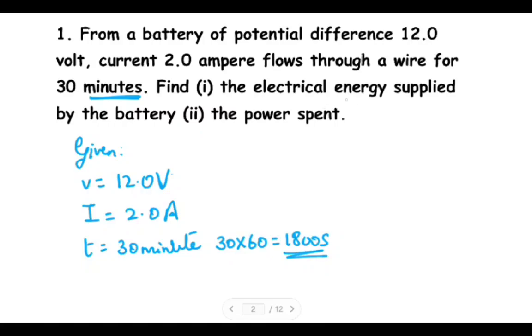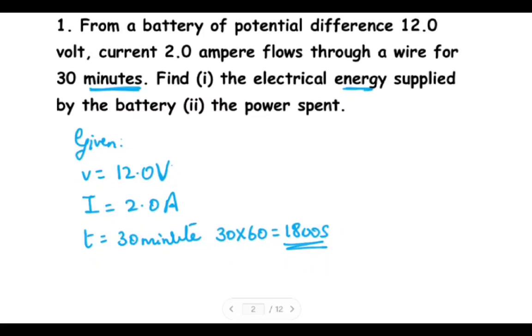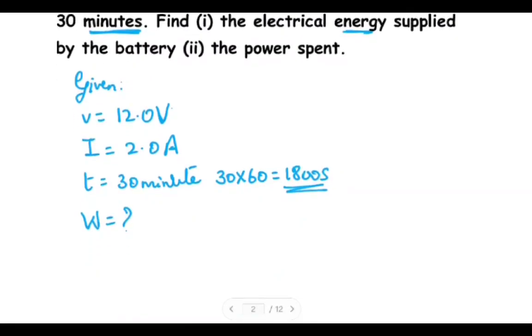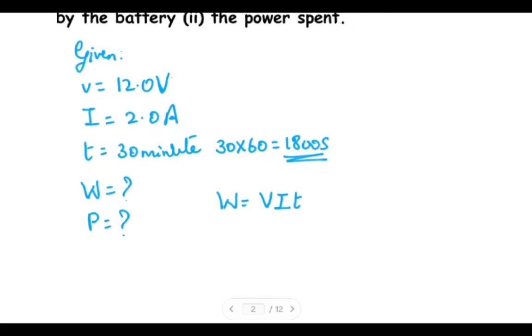The electrical energy as in work is what they want, and they also want the power spent. All right, let's begin. What is the formula for work, children? Work is equal to VIT.